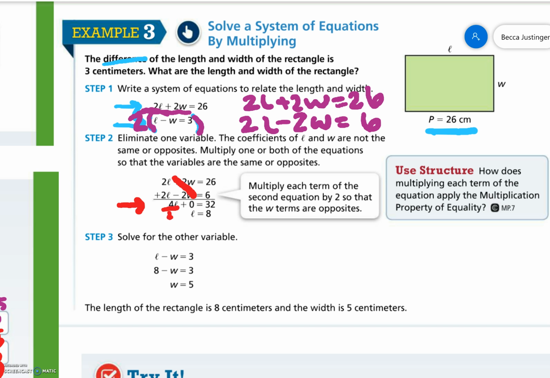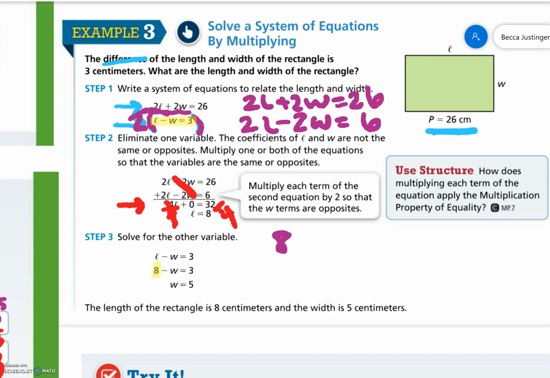So now we divide both sides by 4. That cancels out, and L equals 8. Remembering that we're not done once we solve for one variable. Got to solve for the other. So using either equation, the second one looks easier because there's less numbers, less work to be had. Instead of L, we're going to write in 8 minus W equals 3.